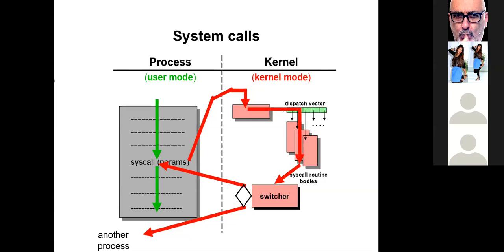We will see the concept of scheduling. In 99% of situations when you issue a system call, when you call a service from the kernel, your process is stopped and another process gains the CPU and resources. This is made by the switcher.